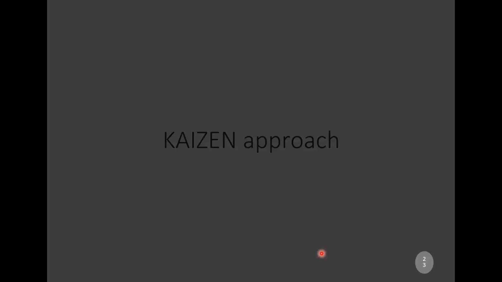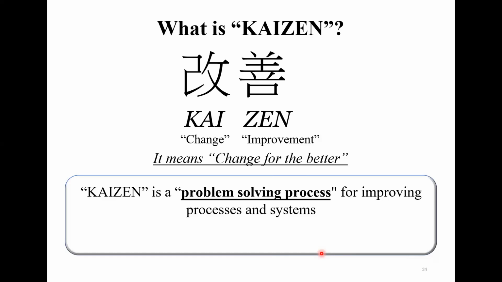Zen means better. Great. So Kai, we said, is a Japanese word. Kai means change. Zen means better or improvement. So we want to change for the better.